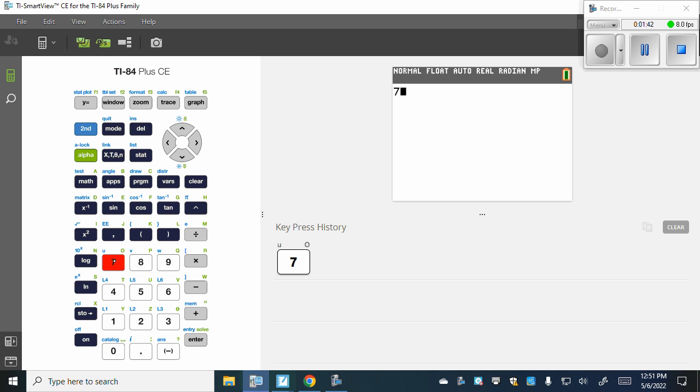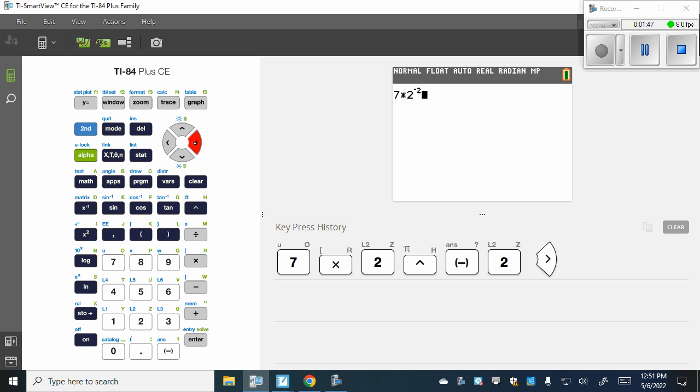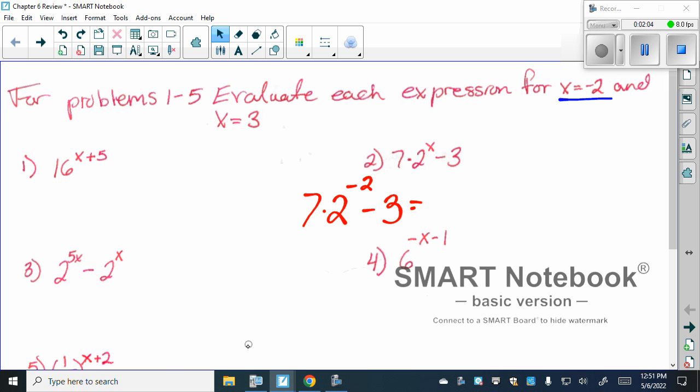I'll type it in the calculator: 7 times 2 to the -2 minus 3. It's because we're evaluating, so when x equals -2, we're replacing x with -2. When we plug this in, we get -1.25.